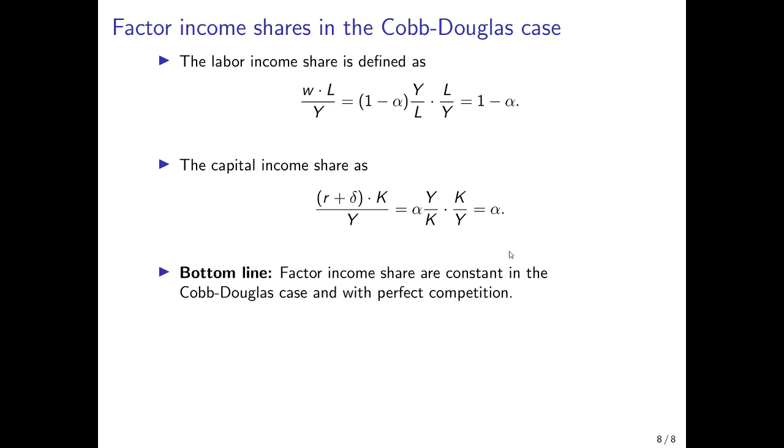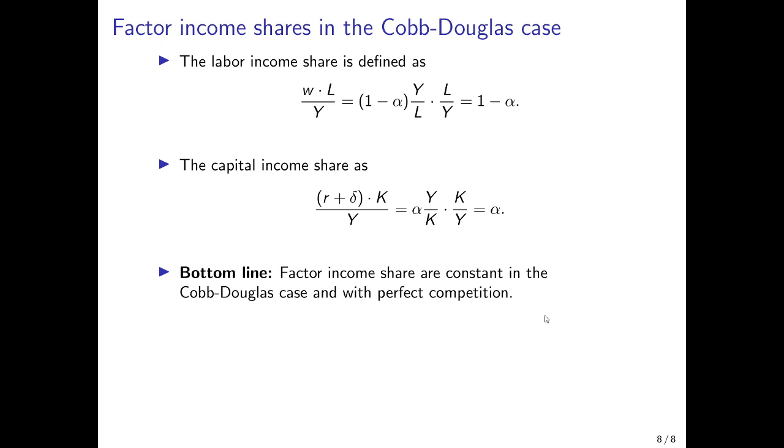But again, and this is the bottom line, the factor income shares are constant in this Cobb-Douglas case with perfect competition. So irrespective of what happens in the economy, the labor income share is always constant and the capital income share is always constant, with the former being given by 1 minus alpha and the latter by alpha.